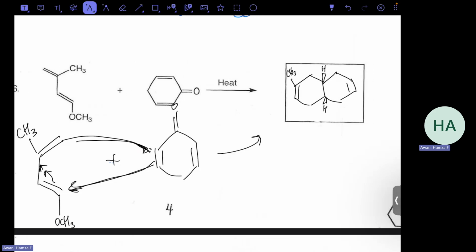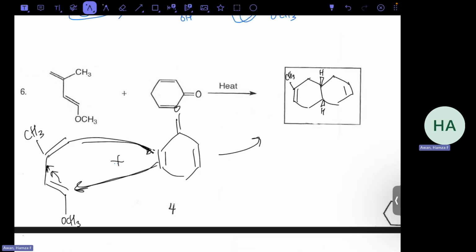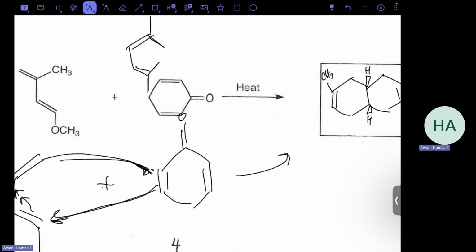Now we have this OCH3. So there's two steps to figure out if it's on a wedge or a dash, right? So whenever we have a diene, we have two positions that the substituents can be on. They can be vertical or they can be looking inwards, right? And that's true on both sides, right? So these can all be substituents.